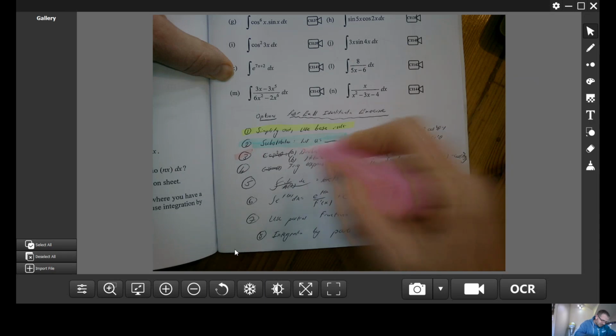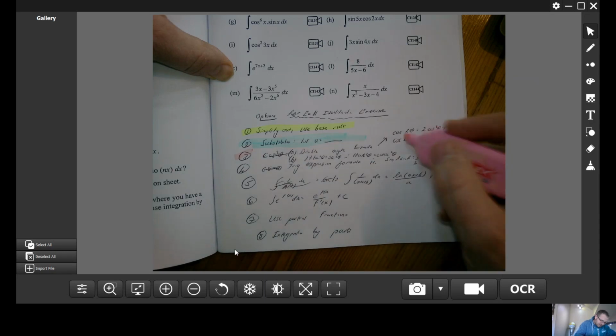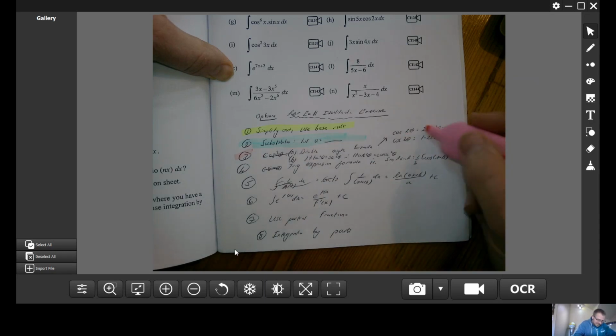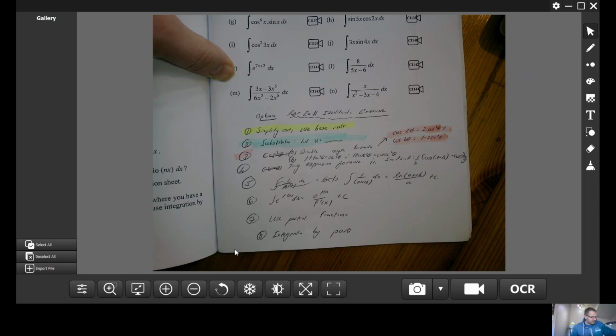Remember, if you've got something with cos squared theta in it, to isolate cos squared theta you're going to use this whole thing over here. To isolate sine squared theta, you're going to use the cos double angle formula over there. You can integrate cosec squared and the other basic ones.